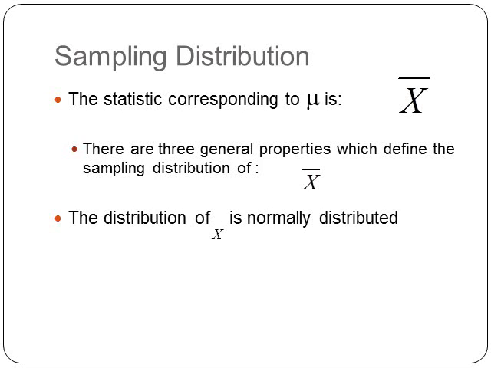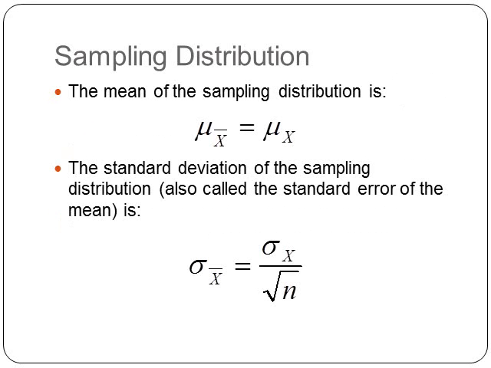The sampling distribution in this case, the statistic corresponding to mu, is x bar. There are three general properties here that define the sampling distribution of the mean. We've talked about these a little already. The distribution is normal. We assume the distribution is normally distributed.